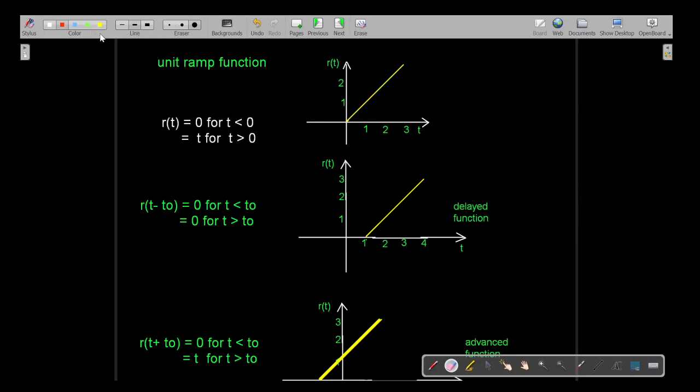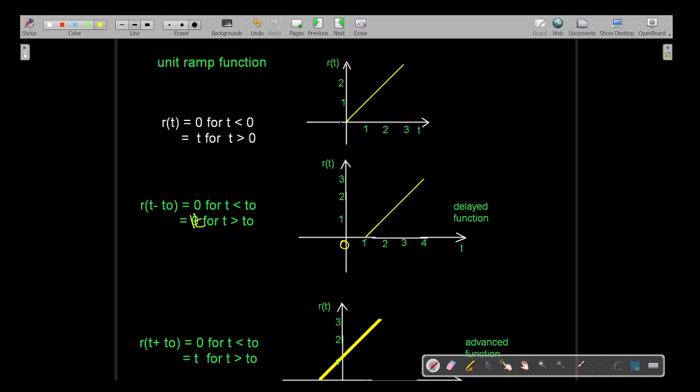Now we can have a delayed function as well as an advanced function. The delayed function is represented like this: r of t minus t naught is equal to 0 for t less than t naught, and it is equal to t for t greater than t naught. So this occurs after 0.